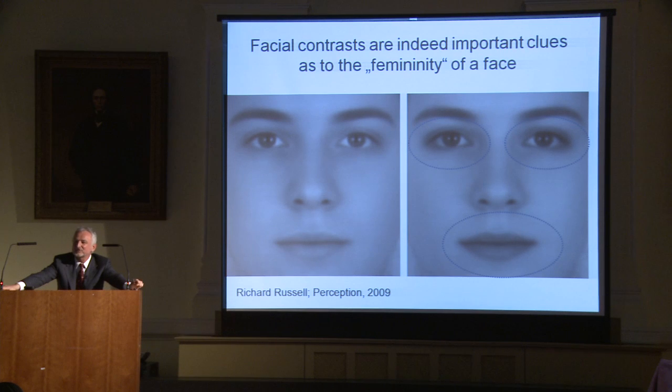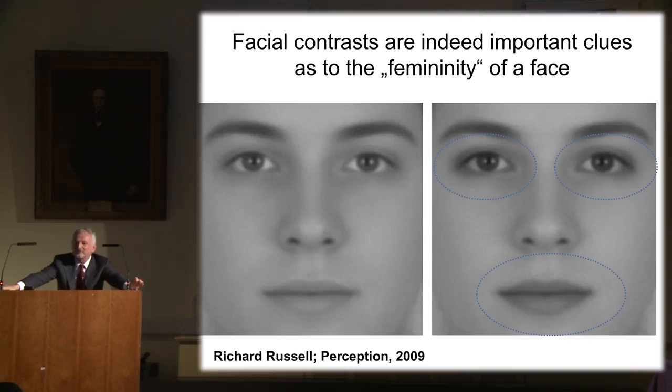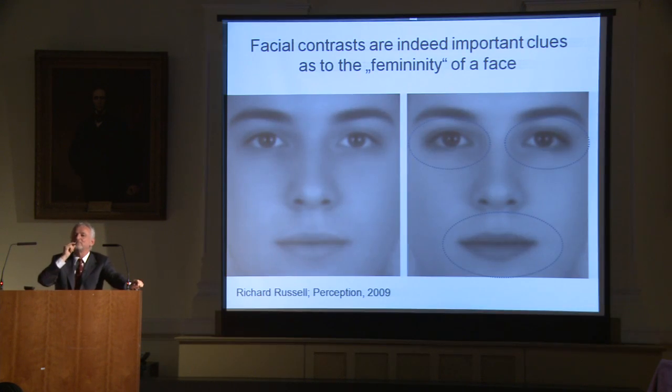And actually, both faces are completely artificial. The only change between the two faces, which are otherwise completely identical, is that the contrasts between lips and surrounding skin and between the eyelids and the surrounding skin have been altered.